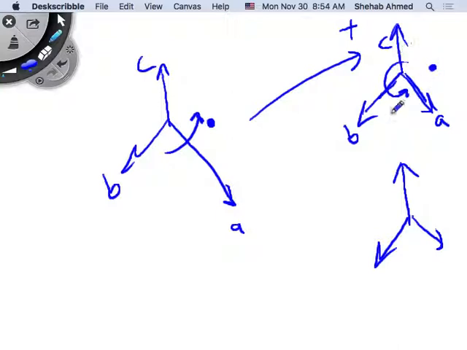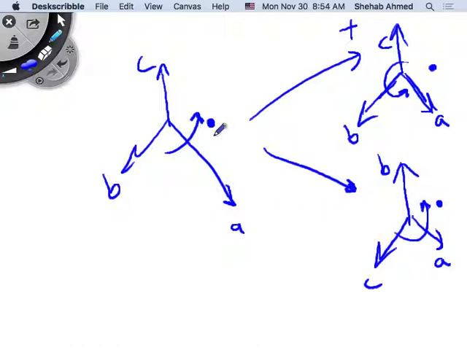A, B, and C, right? And for an observer standing here, A, C, B. So for an observer standing here, I will now see something different. I will see phase A, then phase C, then phase B, right?